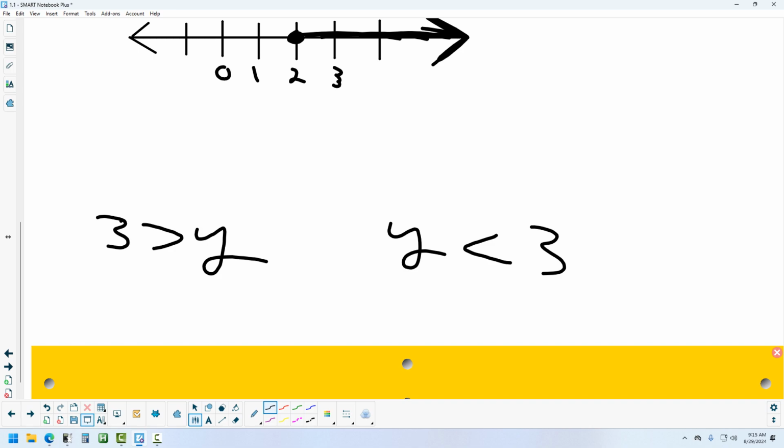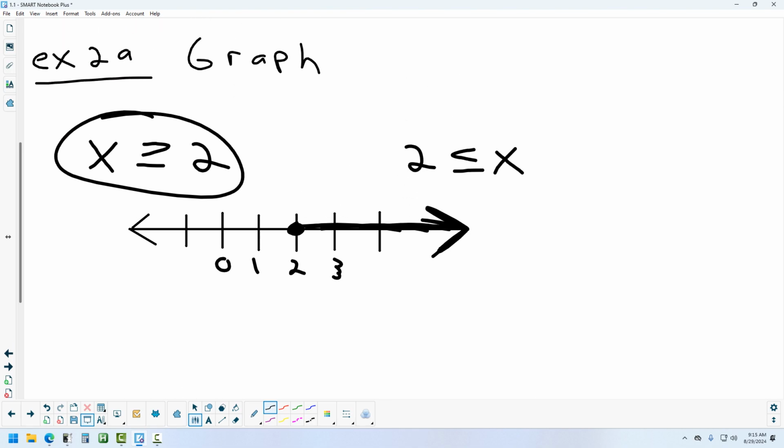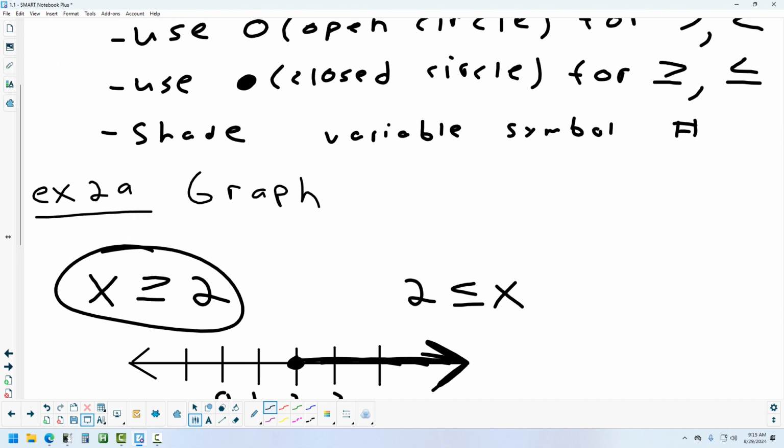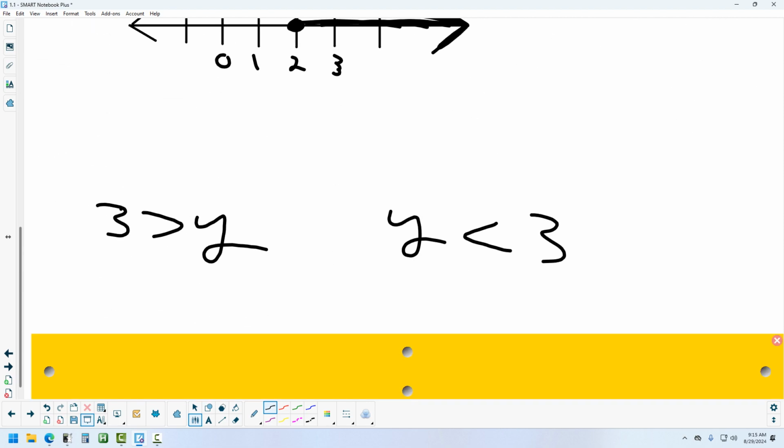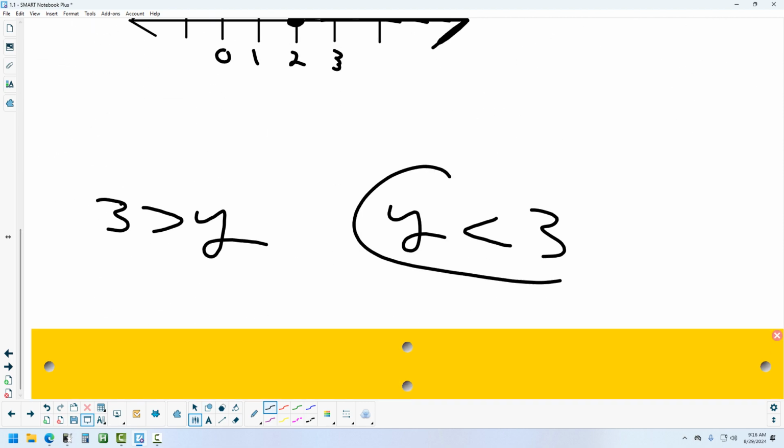Because the first number is the one that's pointing towards, so the one on the right. So we generally, if we want to go with the direction that the inequality symbol is pointing to tell us which way to shade, we always want to set it up in that order. So variable, then the inequality symbol, and then the number. I would say this would probably be the way you'd see it more often, like in the book and stuff like that.